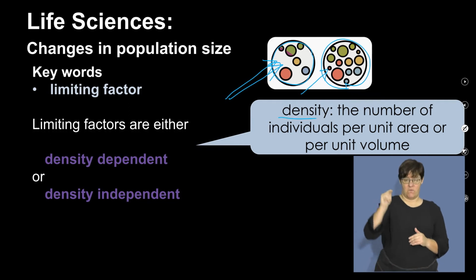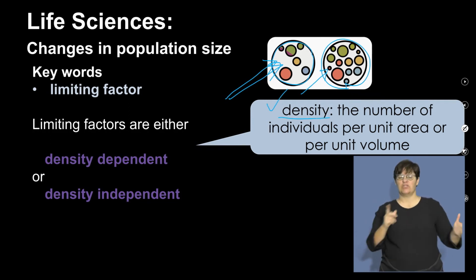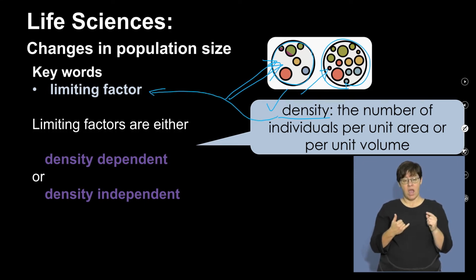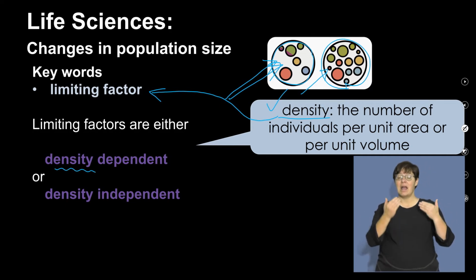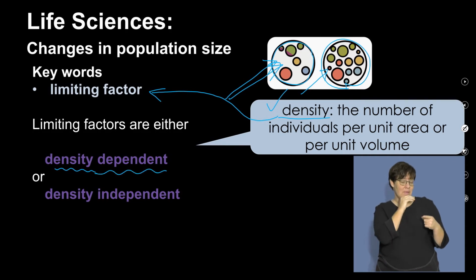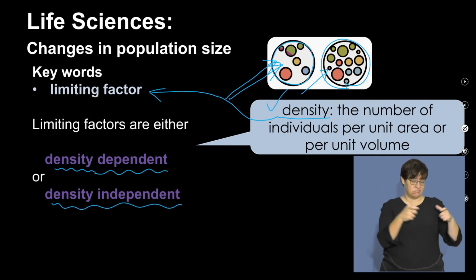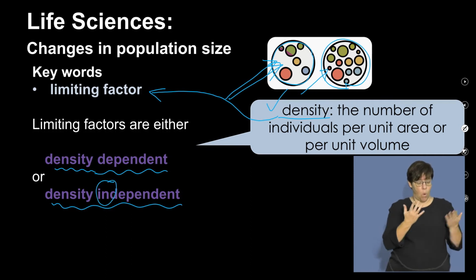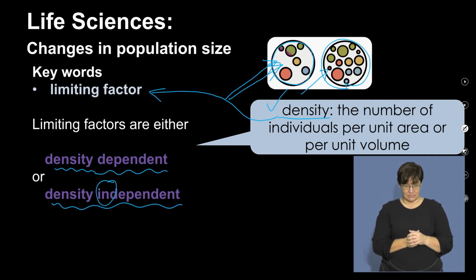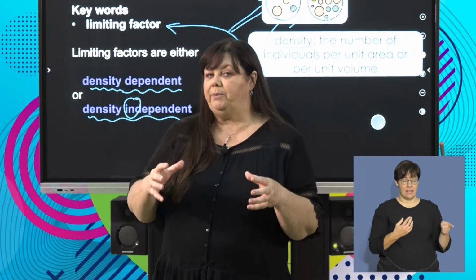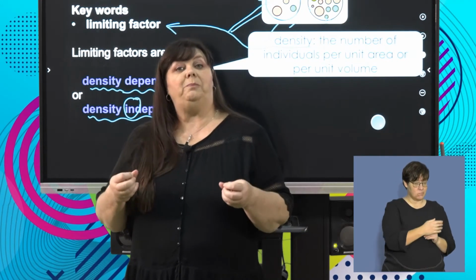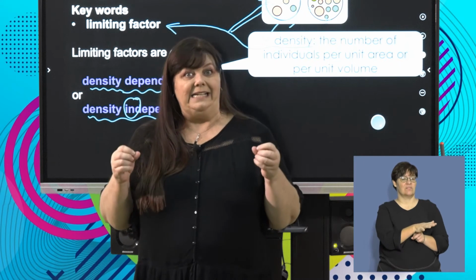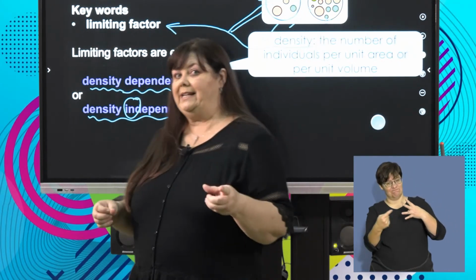Now we need to link this parameter to the concept of limiting factors. Limiting factors are either density dependent or density independent. In other words, the density of the population is going to be affected by these limiting factors. So let's talk about this further.